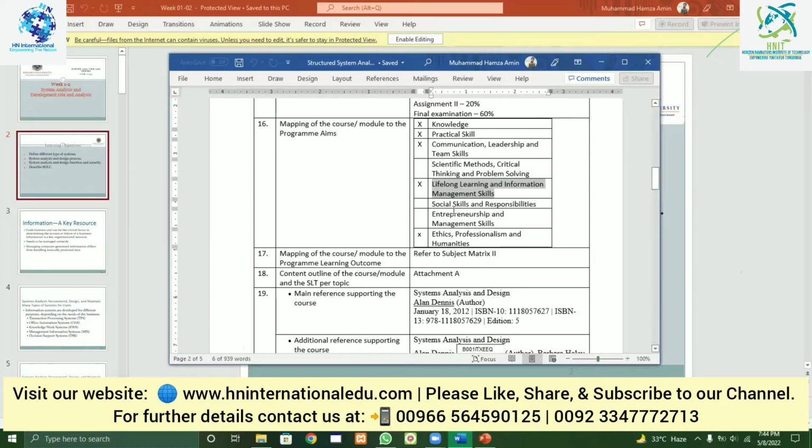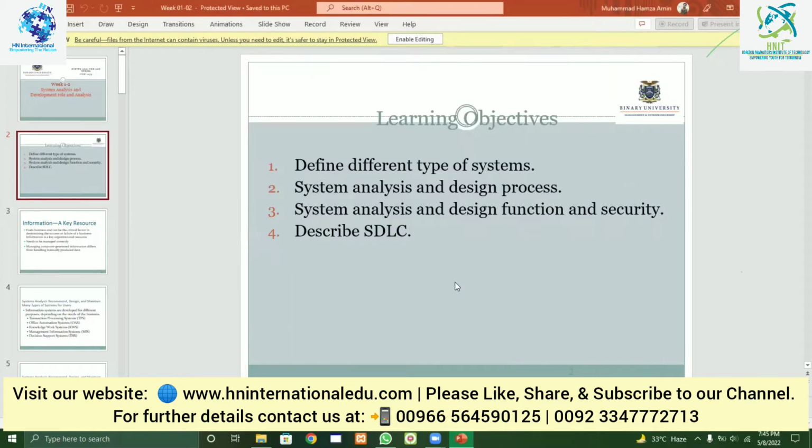You must also have entrepreneurship and management skills, and ethics and professionalism with humanities, because these are the main aims that you must have to develop your personality.